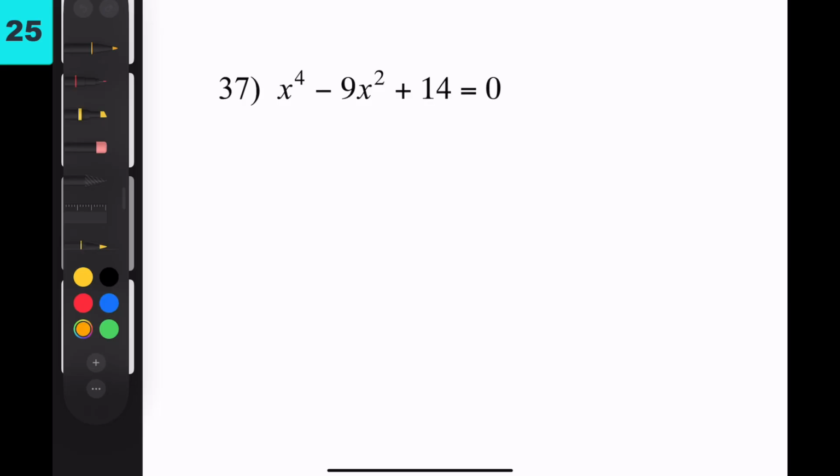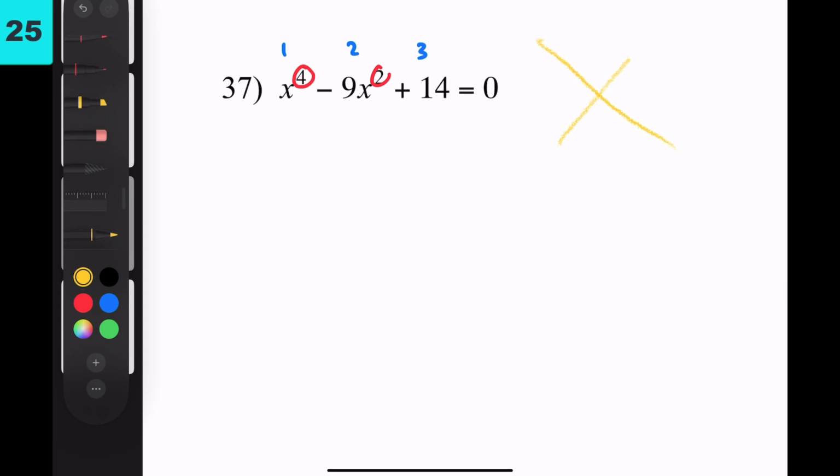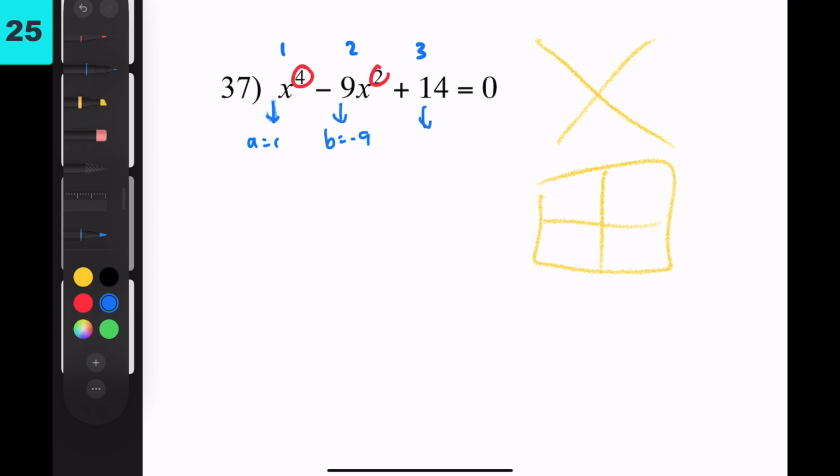Alright, let's go ahead and find the zeros. To do that, let's see if we can factor. We have 3 terms. Half of 4 is 2, so that means I can use my X box method of factoring. A here is 1, B is -9, and C is 14.